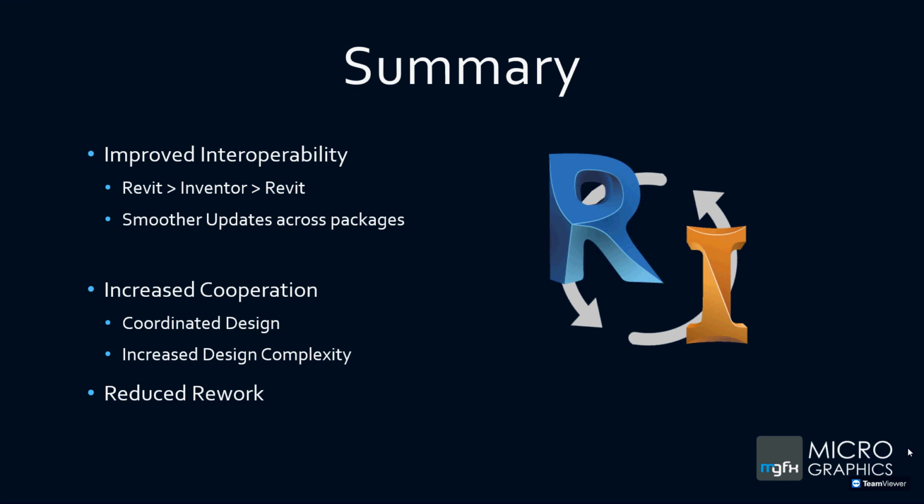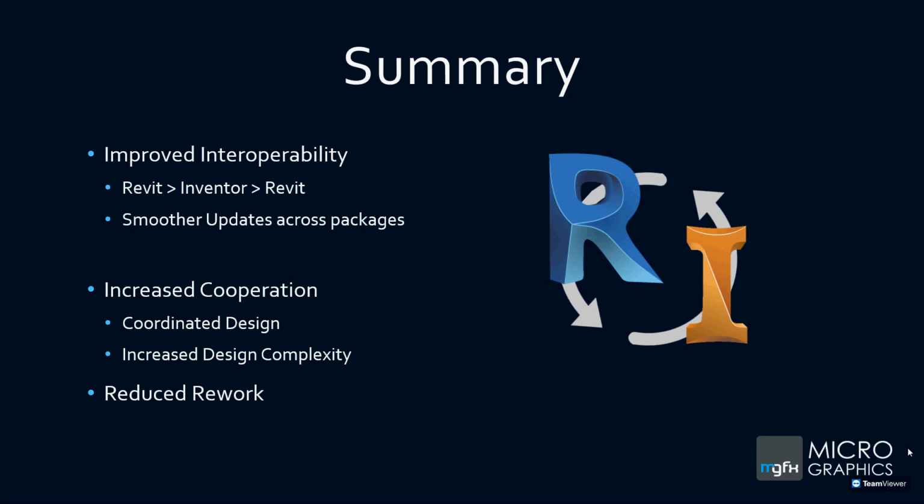That coordinated environment allows for prevention of clashes, and it allows you to work with increasingly more complex designs as well. Coordinated models of this nature result in less rework being required on site, as your models line up and match from the start of the design process.